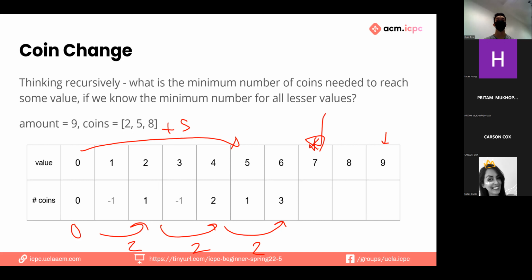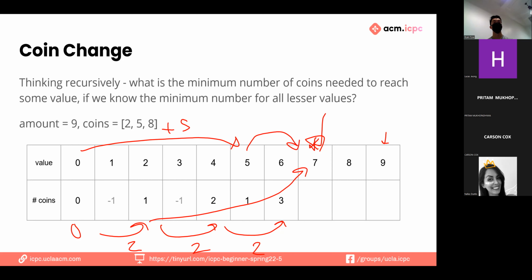If we want to solve the subproblem, we want to find the minimum number of coins needed to reach the value 7. 5 and 2. And then we notice that we get there by coming from 5 or coming from 2, which are the 2 values we've already computed, right?